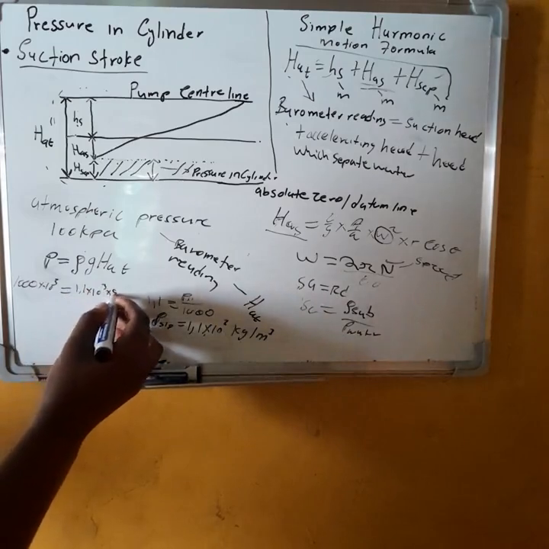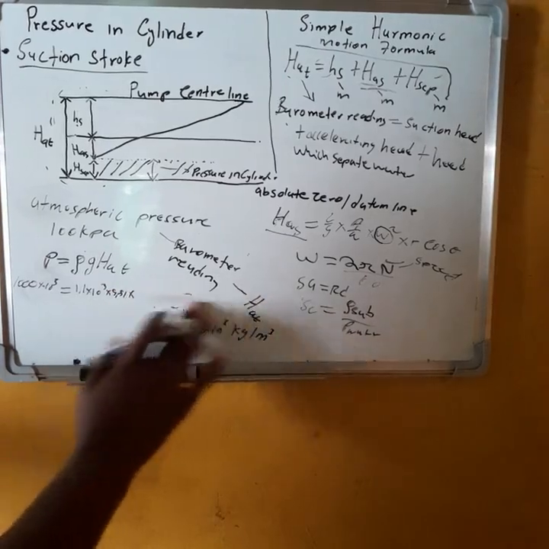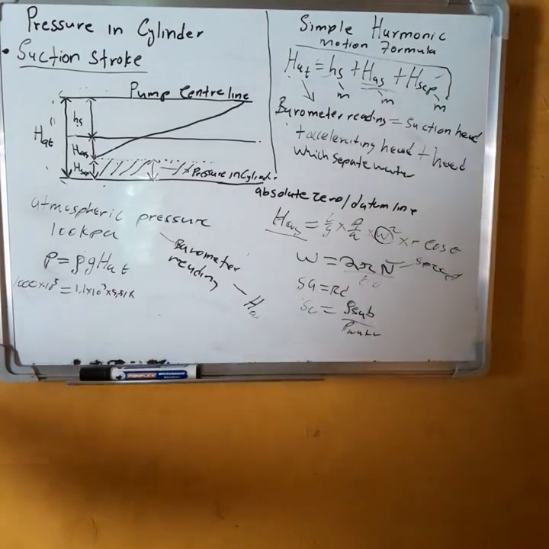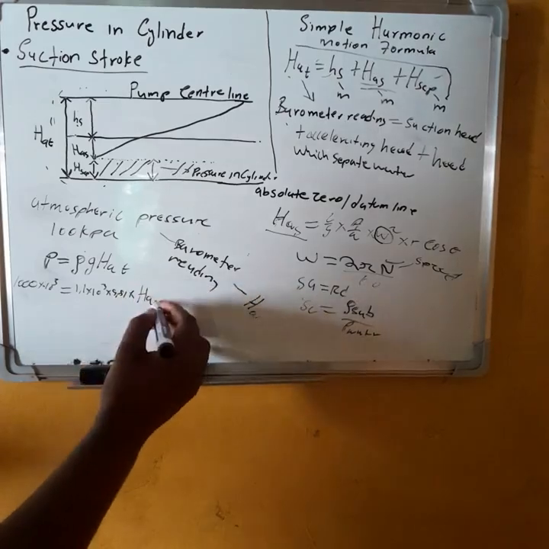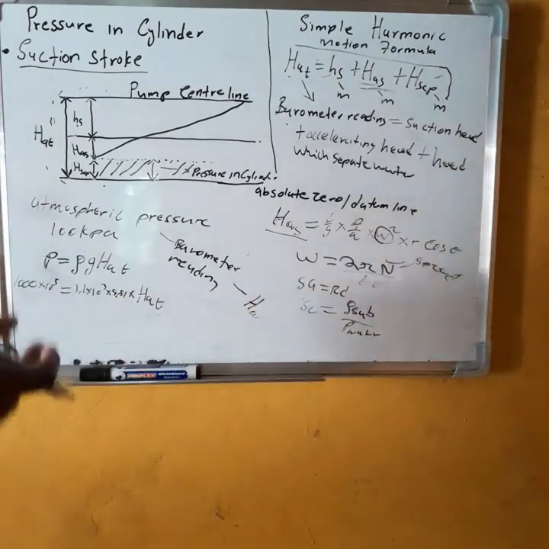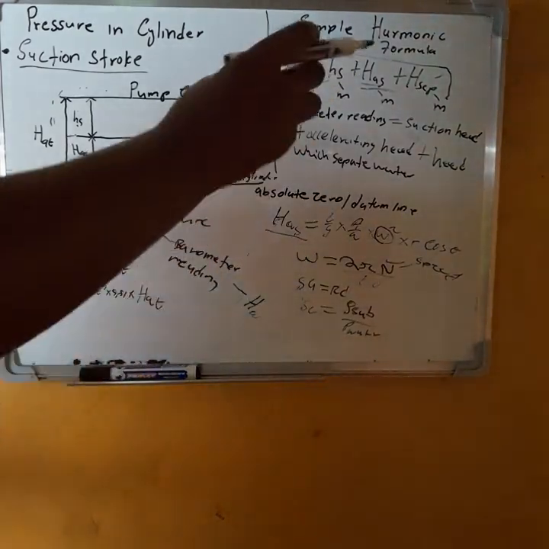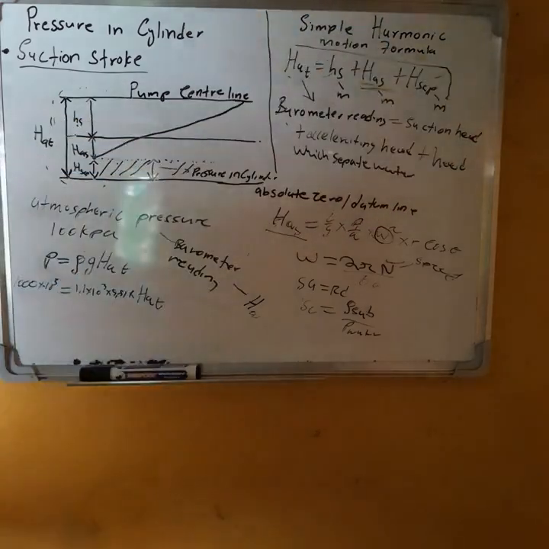Gravity is 9.81, multiplied by H_at. Now you can calculate your head by making H_at the subject of the formula. Since you have this H_at, you can use it on this formula.